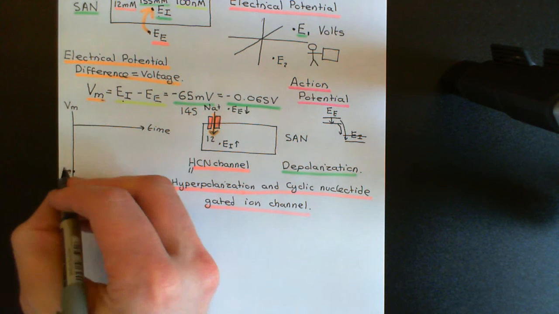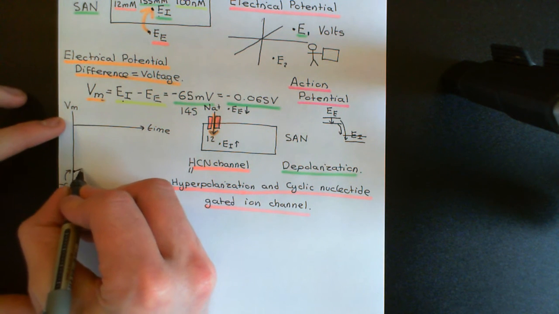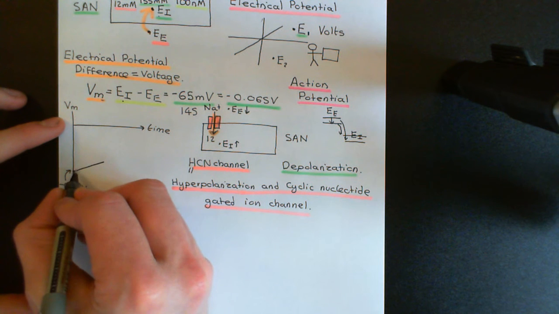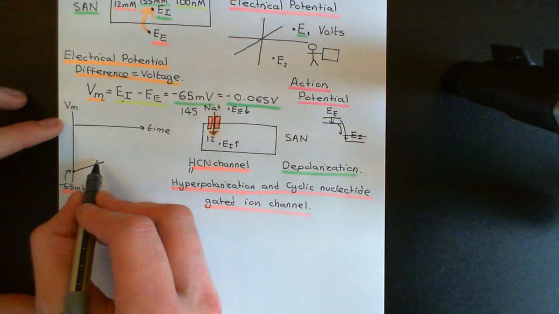Okay, so what this first portion then is going to look like is it's going to look like this. We're going to have a line like this where the electrical potential difference across the cell membrane is depolarizing. It's becoming less negative.